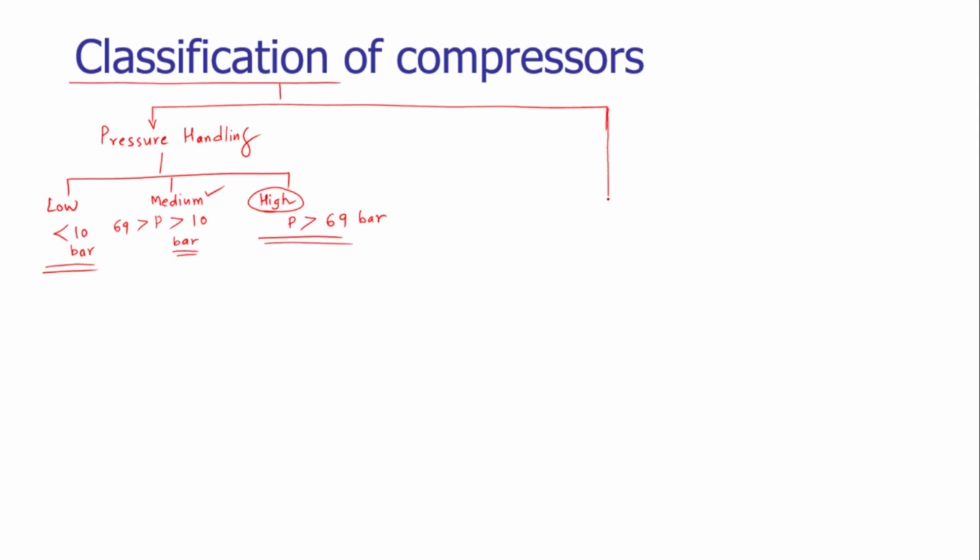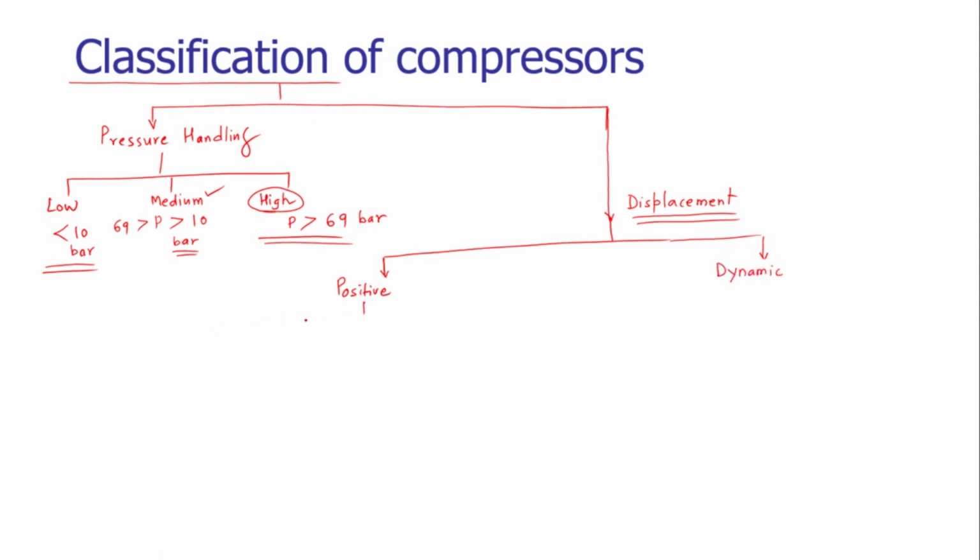As far as the second parameter is concerned, that is the displacement. Here we are using the methodology of displacement of the gas or the air. Again, we can have basically two types of displacement in the compressed air generation, that is the positive displacement and dynamic displacement.